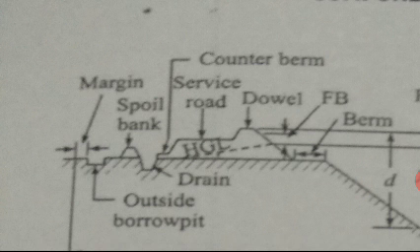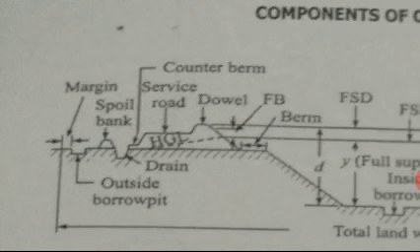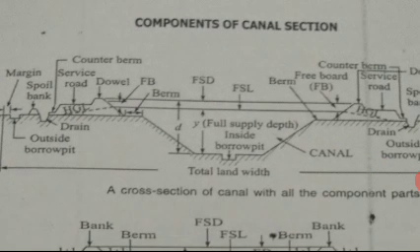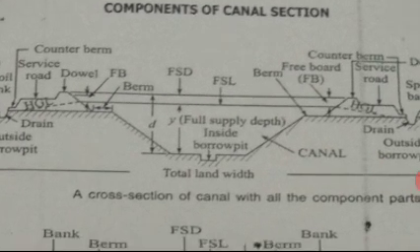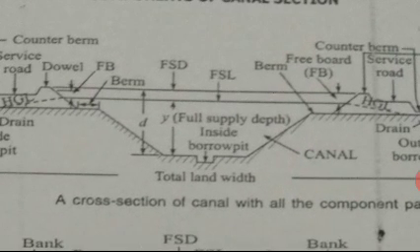Side slope. Side slopes depend on the nature of the soil in which the canal is constructed. Side slope provided in the canal bank is dependent on angle of repose of the soil.